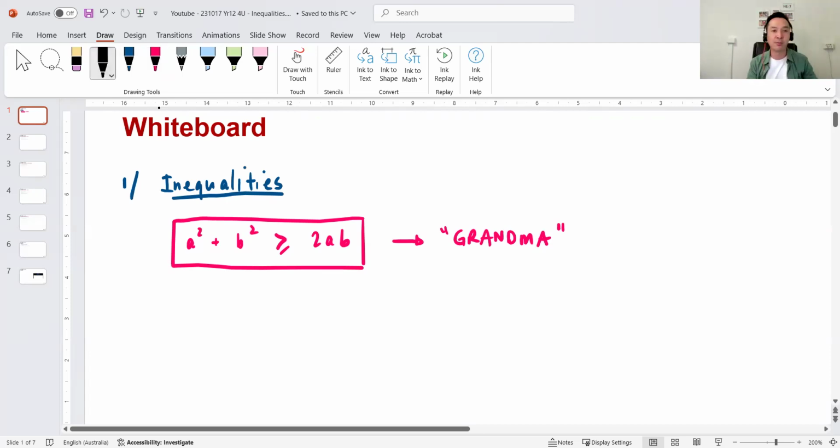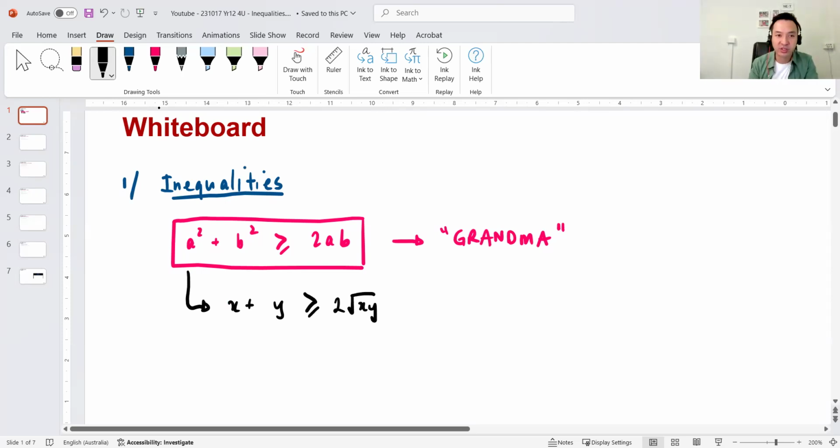I call it grandma with disguises. So for example, very common disguises of grandma. By the way, we can prove this using perfect squares, but I'll do that later in a question. But different disguises for grandma. So sometimes you might see grandma looking like this, and this is your AMGM inequality.